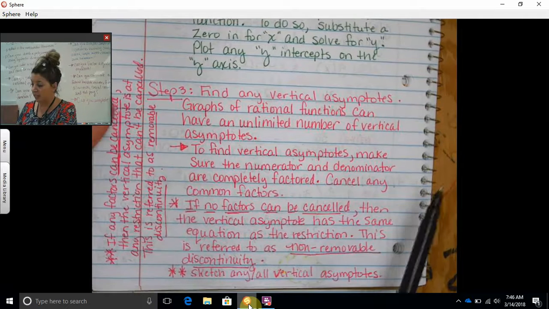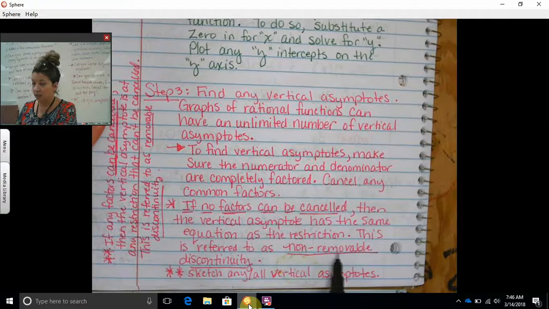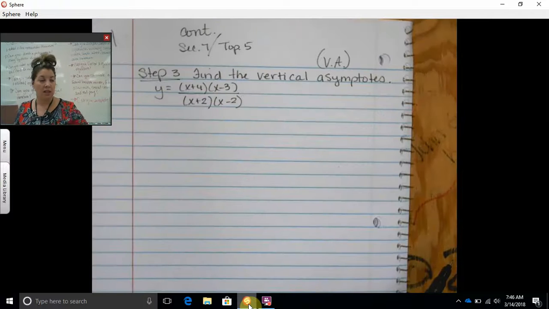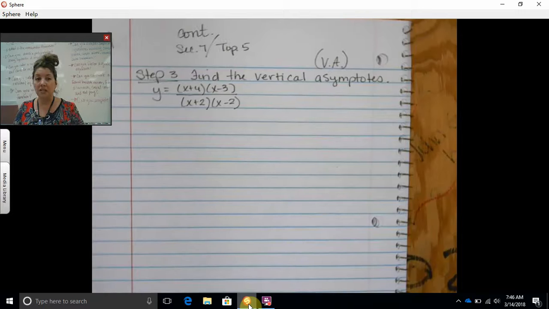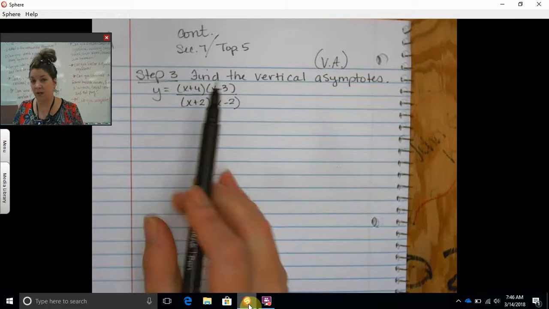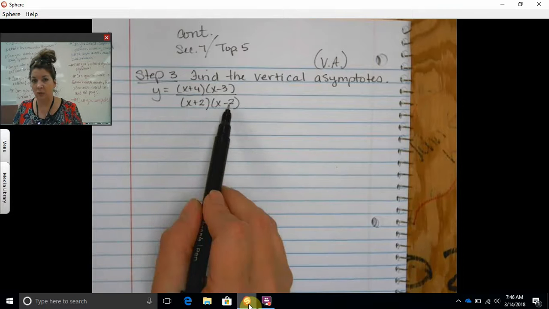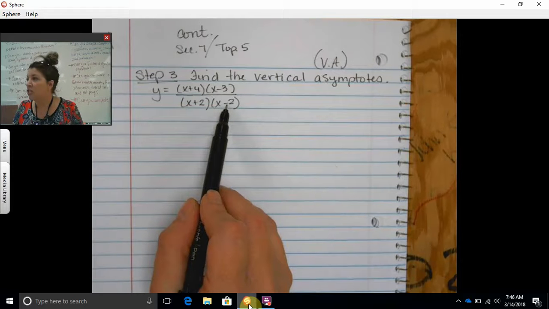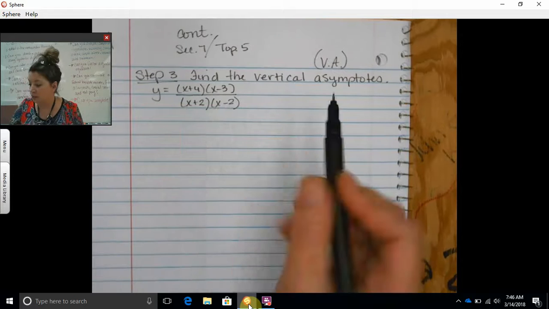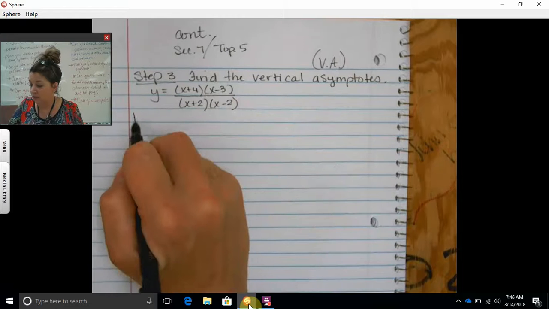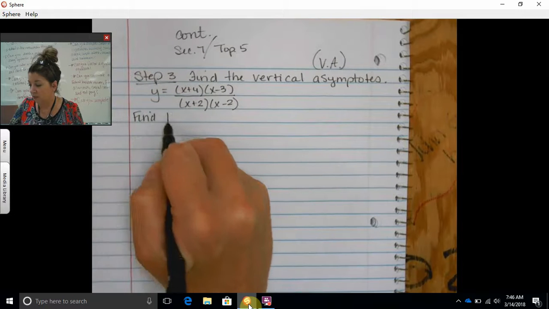So what it means by the restriction, that means what's going to turn my denominator into a 0. Okay, what number would, if I plugged into x plus 2, make that turn into a 0? If x was negative 2. And what would it be here? 2. So if you're not sure, all you have to do is find the restrictions.